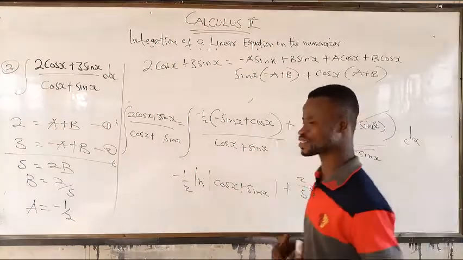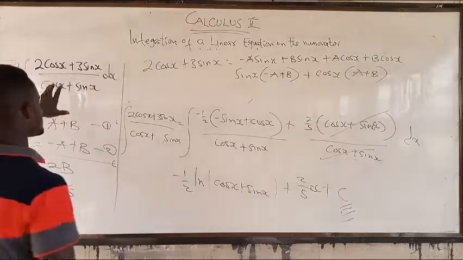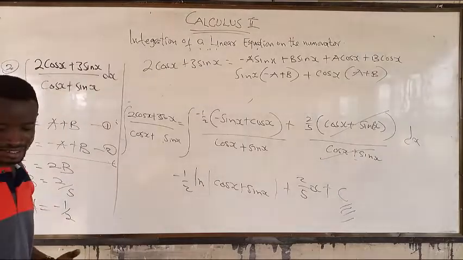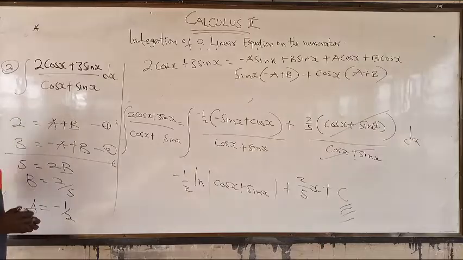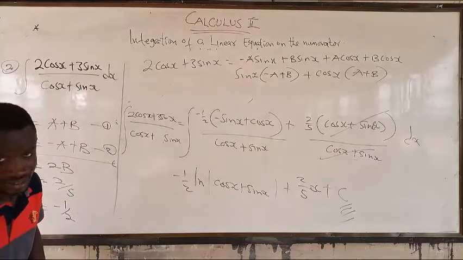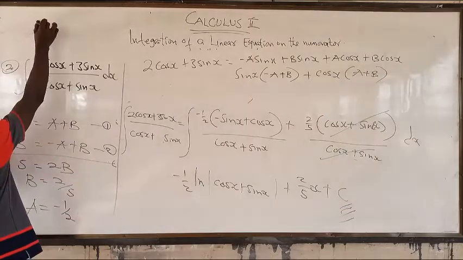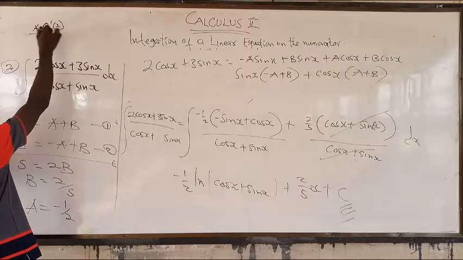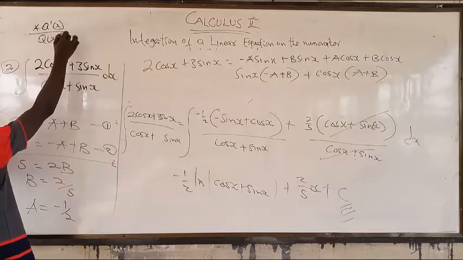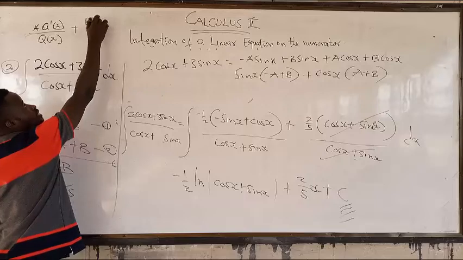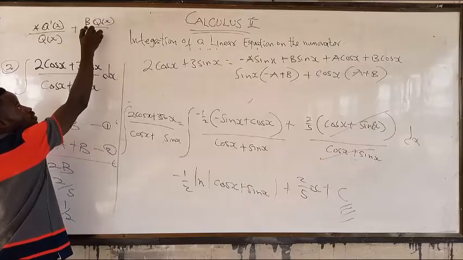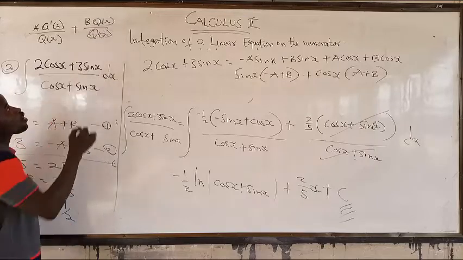Please, it's not difficult. When the question is given to you, just know your formula, that it is going to be A multiplying Q of S derivative over Q of S, plus the B multiplying the same Q of S over Q of S. How will you see that?